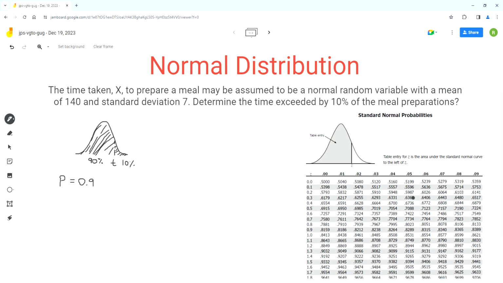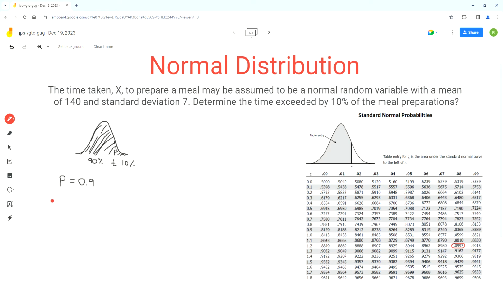Now we'll use this z-score table to calculate the z-score for the area under the curve equal to 0.9. For that we have to find the value in these columns equal to 0.9. The closest value to 0.9 here is this value, 0.8997, because the next higher value is 0.9015.